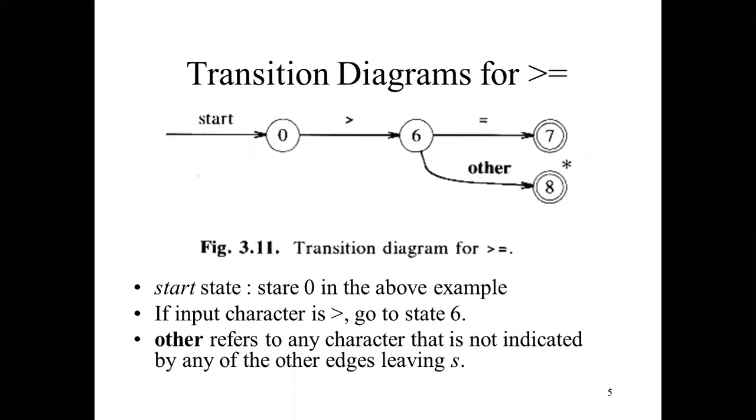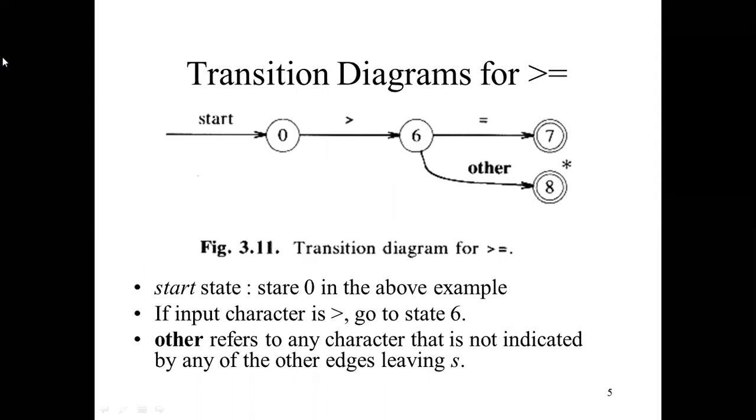Now we are going to consider the transition diagram. You can see this is the transition diagram for greater equal. It is a sort of relational operator. Greater equal is the relational operator. Then how will we proceed to draw the transition diagram?